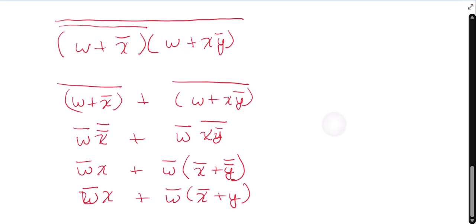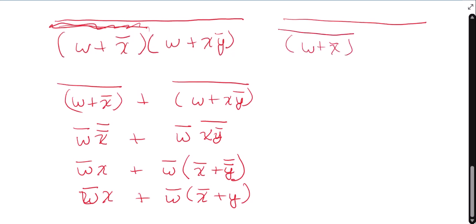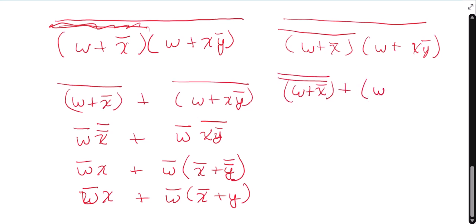So everything I did was fine, but if I redid this problem like this, then this becomes the not of the AND becomes the OR of the nots.